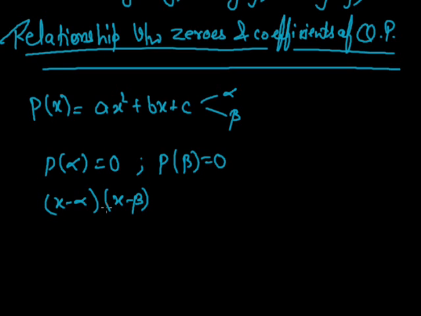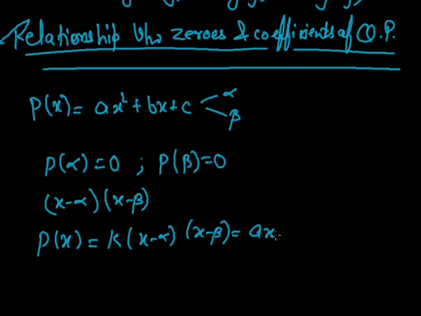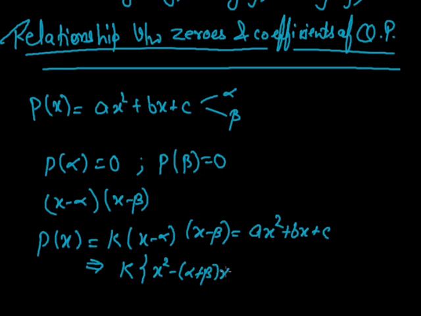So we may write the given quadratic polynomial as k(x minus alpha)(x minus beta), which was originally ax square plus bx plus c, or by further solving it we will have k(x square minus (alpha plus beta) x plus alpha beta) is equal to ax square plus bx plus c.